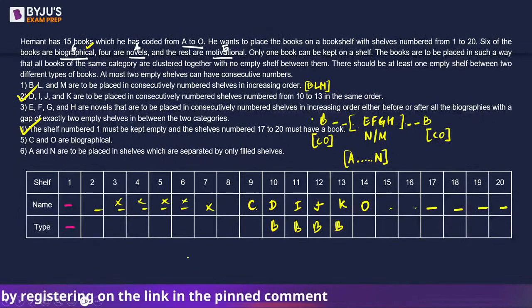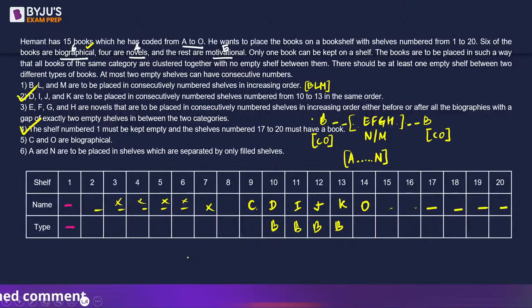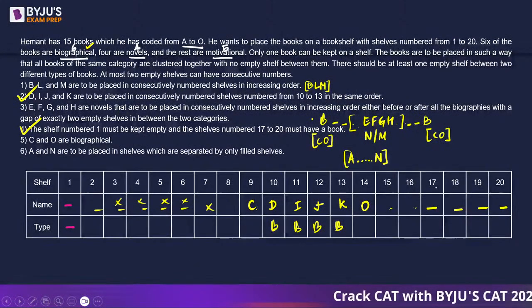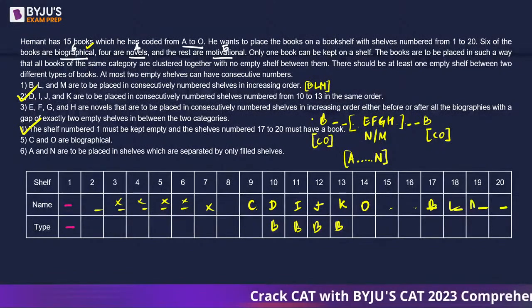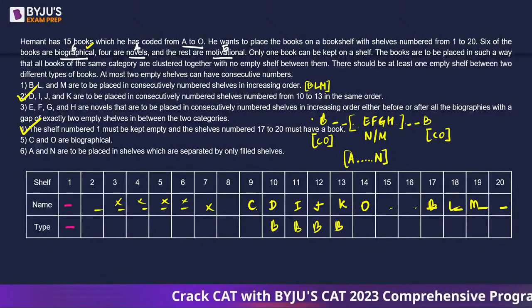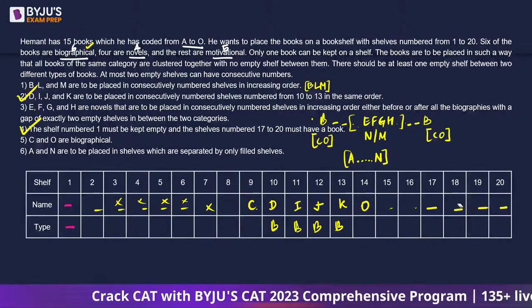Third statement says E, F, G and H are novels that are to be placed in consecutively numbered shelves in increasing order, either before or after all the biographies, with a gap of exactly 2 empty shelves in between the 2 categories. So very much possible. We will be putting B, L, M and N here. Sorry, we are going to put E, F, G, H here.